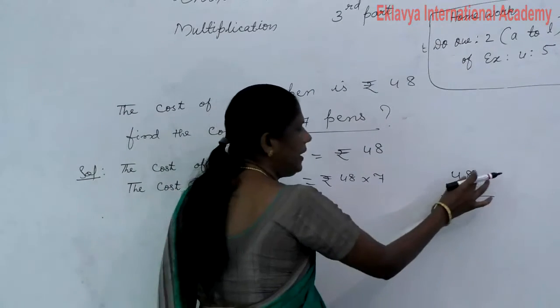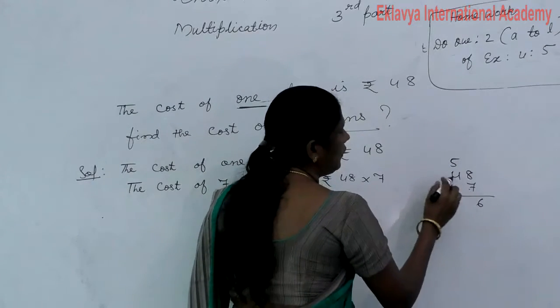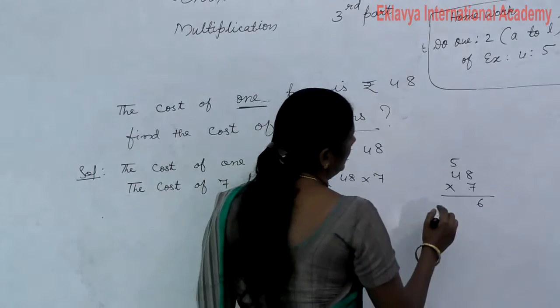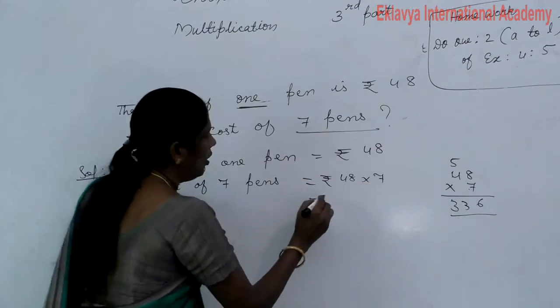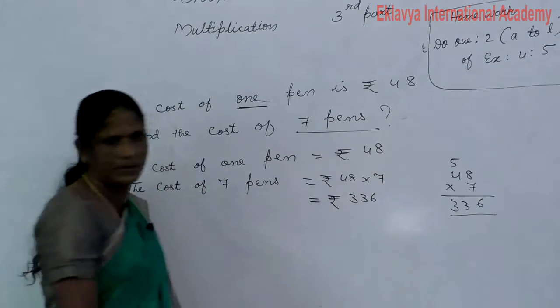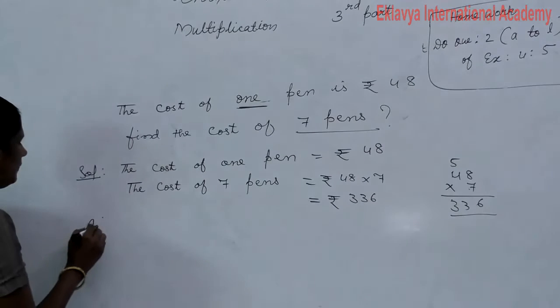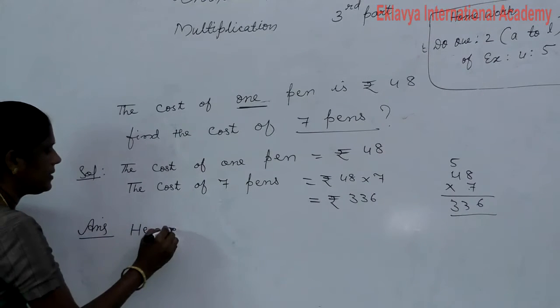Then 7 8 ja 56. Then 5. 7 4 ja 28. 28 plus 5 is 33. Rupees 336. Then the final answer is hence. What is the spelling of hence?